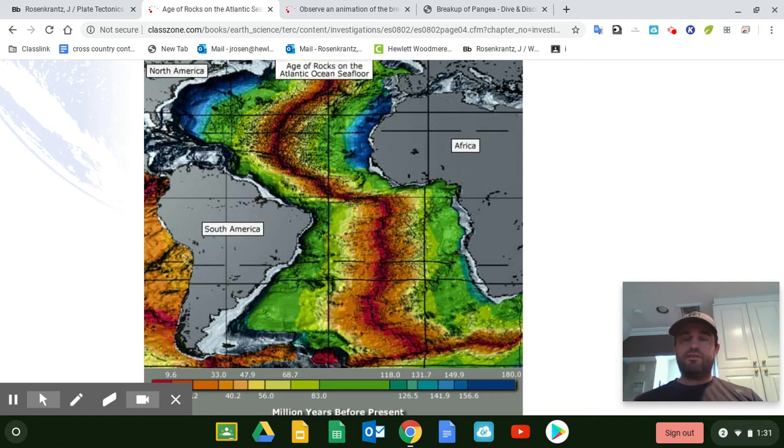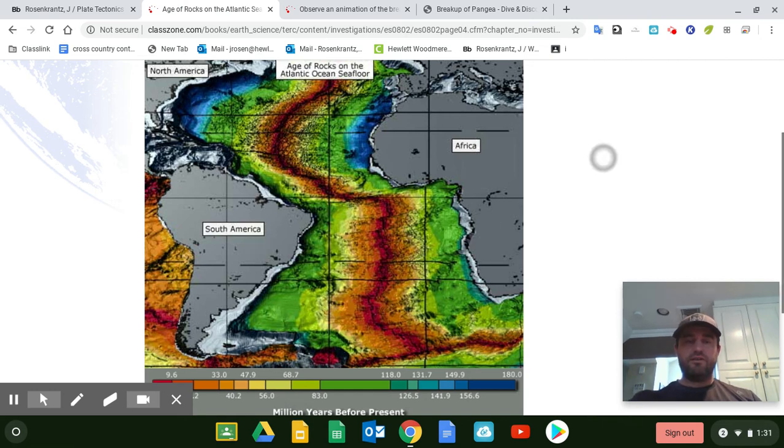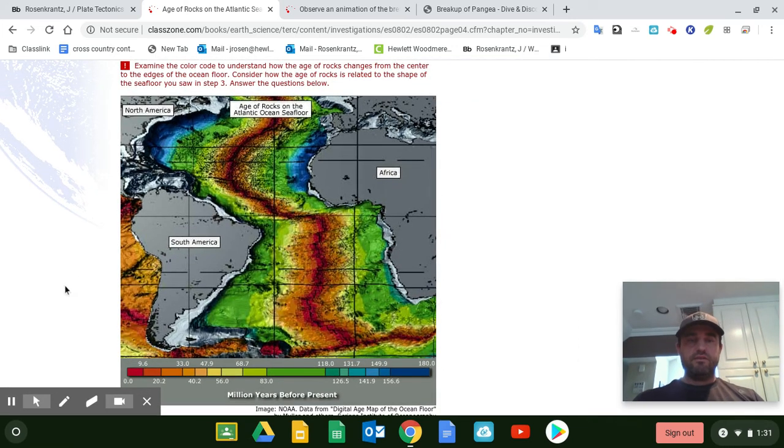We call this theory seafloor spreading. The seafloor is spreading from the ridge and getting created there. And see that it's red? If you look here, red is 0 to 9.6 million years. So these are your youngest rocks in the world.